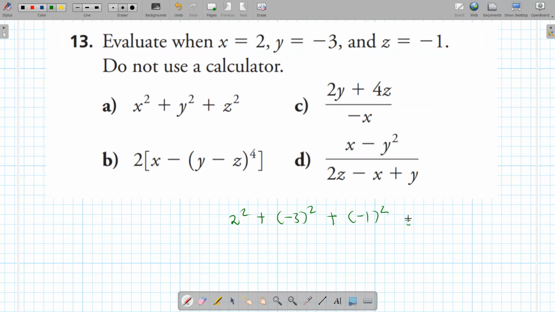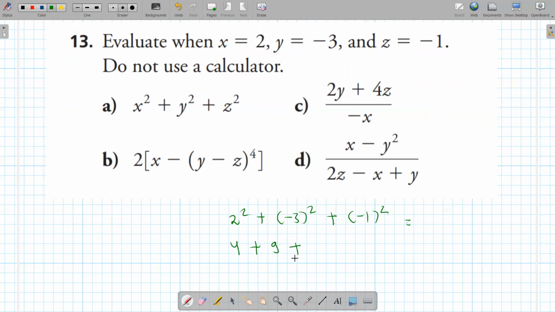And now what? 2 squared is 4. And then negative 3 squared is 9.